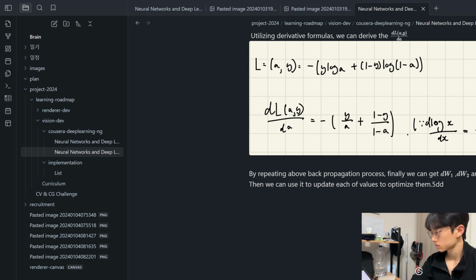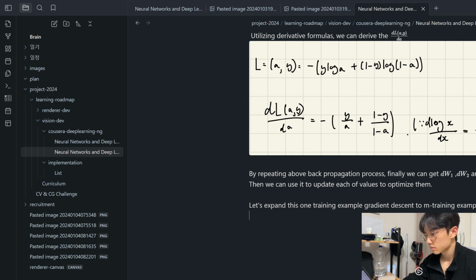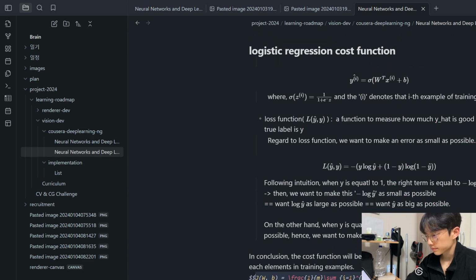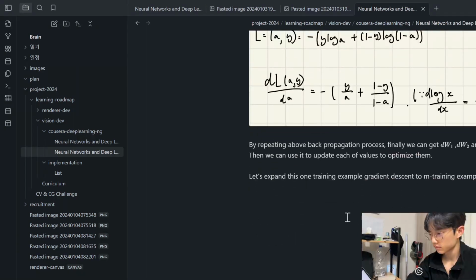The cost function J(w, b) we care about is the average, from 1 through m, of the loss, the algorithm output a^(i) on the example y^(i), where a^(i) is the prediction on the i-th training example, which is sigma of z^(i), which is equal to sigma of w transpose x^(i) plus b.